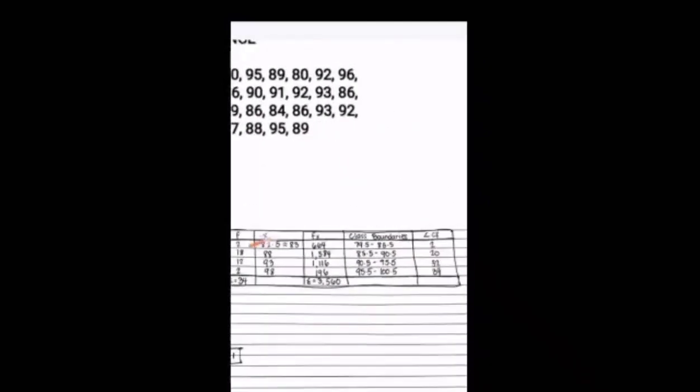For the cumulative frequency, at first I copied the 2 from the frequency, then I added 18 and got 20. Then 20 plus 12 is 32, and 32 plus 2 is equal to 34.